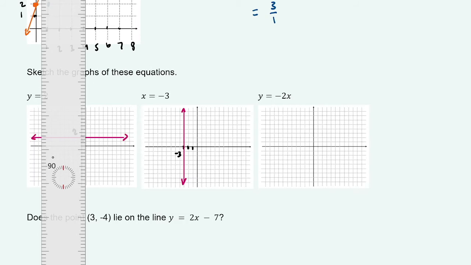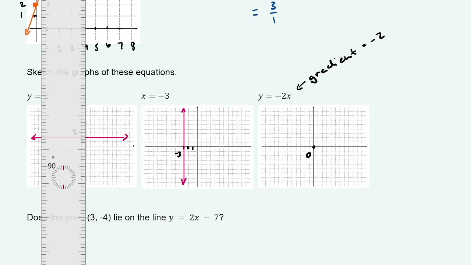Now we're at y equals minus 2x. If you remember rightly, up above we said that was one of our special lines. It doesn't have that plus b section, so that means it's going through the origin. So it has to go through the origin. Now our gradient for this one is minus 2.